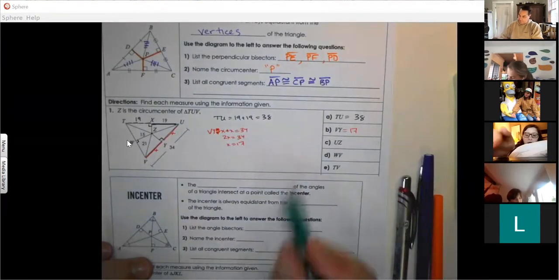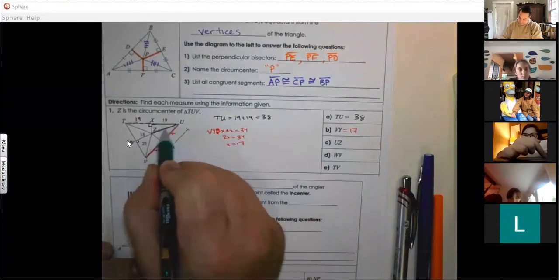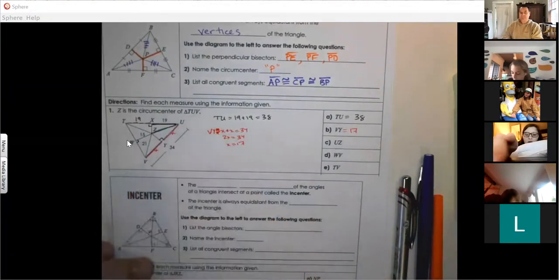All right, what about UZ? Is this hypothesis or conclusion? The hypothesis says if they have perpendicular bisectors meeting, and the conclusion says then it's equidistant from the vertices.